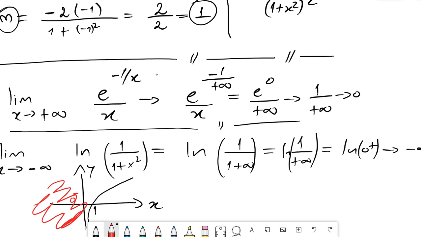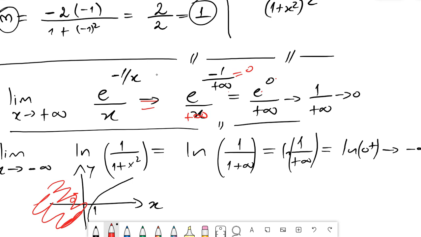This should be plus infinity, not an x here. Okay, that's the same as this. So 1 dividing infinity is 0, right? This is 0, e to the power of 0. That will be 1 dividing plus infinity, that's 0. Okay, so the first limit is 0.